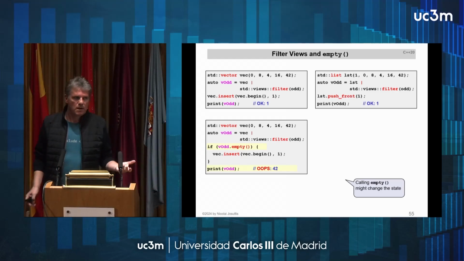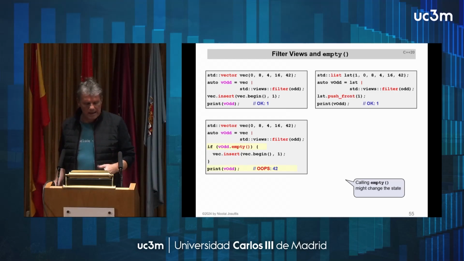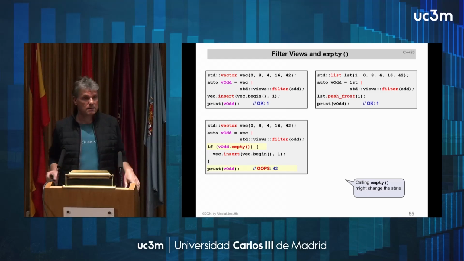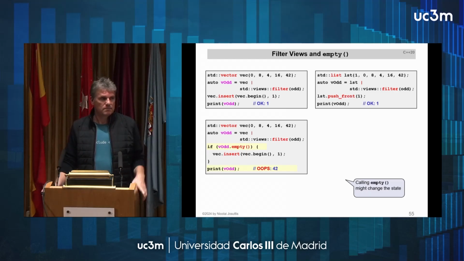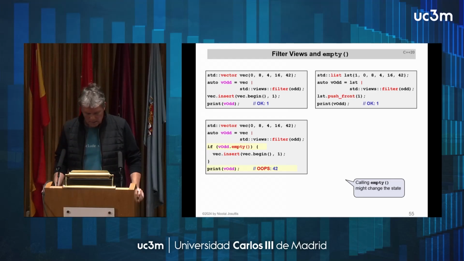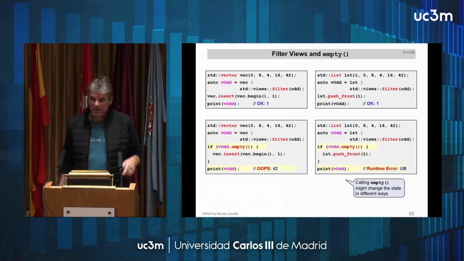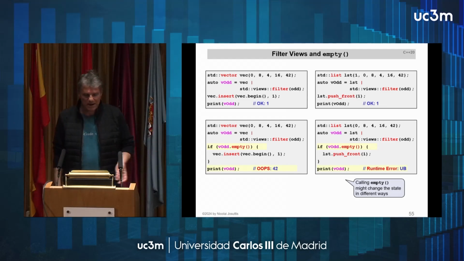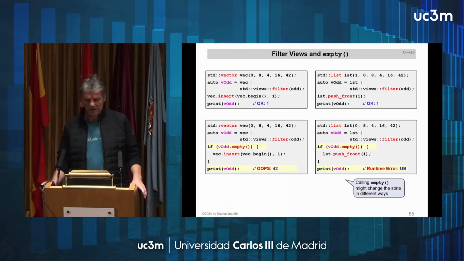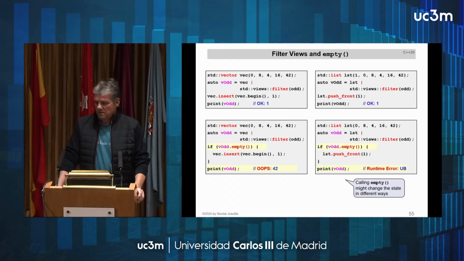The offset was to jump to the end. Now the end is the 1, 2, 3, 4, 5, 6 element, and the 6th element is valid. So this code is probably valid, but broken. If you do that with a list, because we don't cache offsets, we cache iterators, you really have undefined behavior. So anything can happen. Easy. You just have to know that.